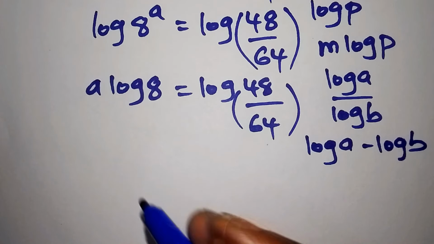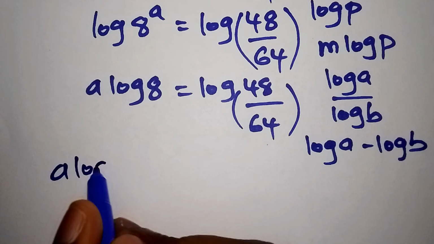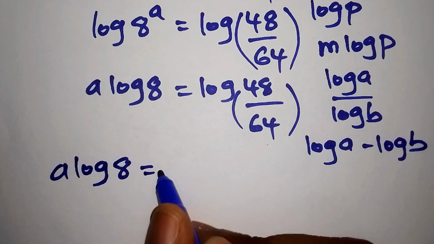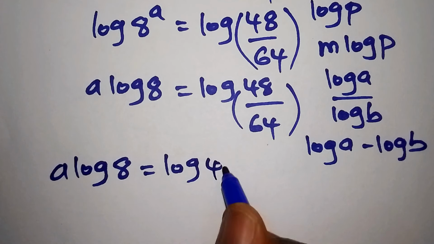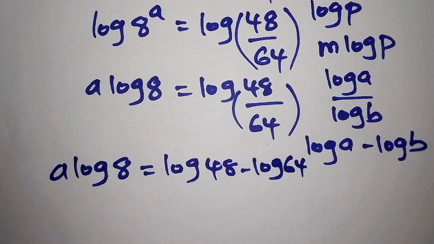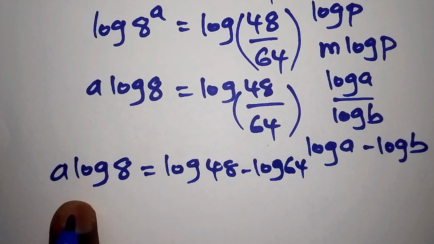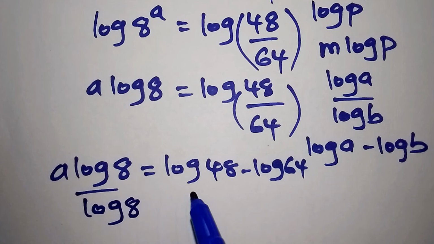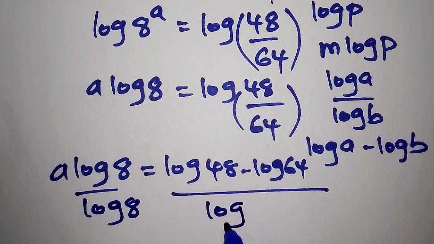So a log 8 is equal to the log of 48 minus the log of 64. To do away with a, we divide both sides by the log of 8.